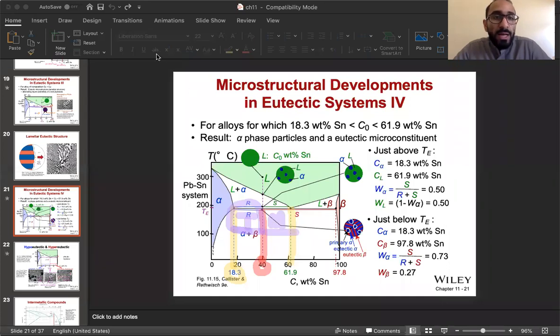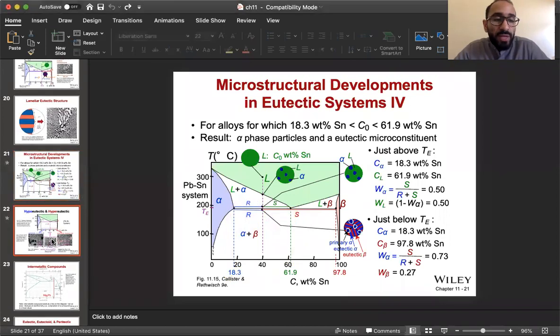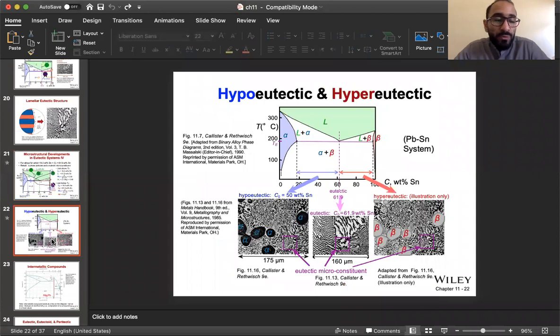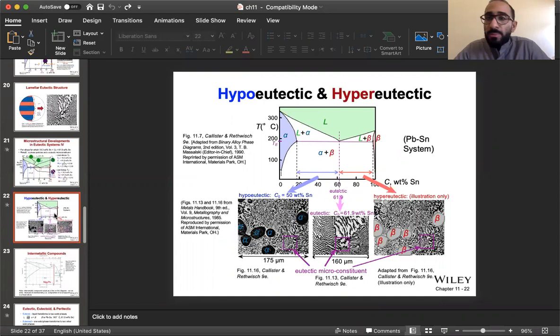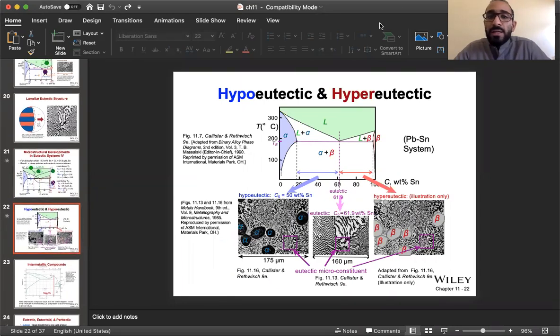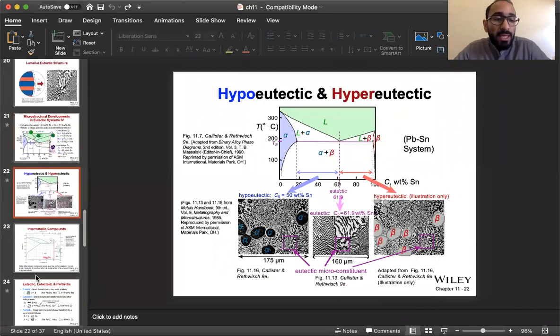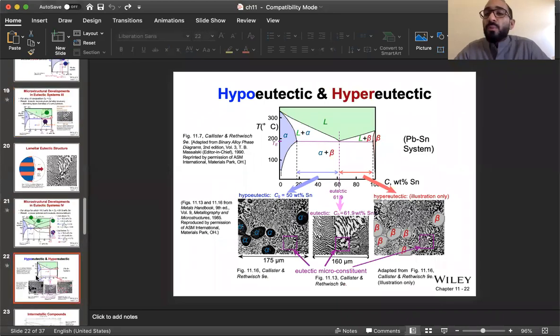Okay, so if you go in the book, you're going to find very good examples that will clarify this point in a much better way. It's also going to help you practice how to find the weight fraction of each phase. Okay, so I will stop here, and we're going to continue in the next lecture, inshallah, to talk about other important reactions that we might see in the phase diagram.